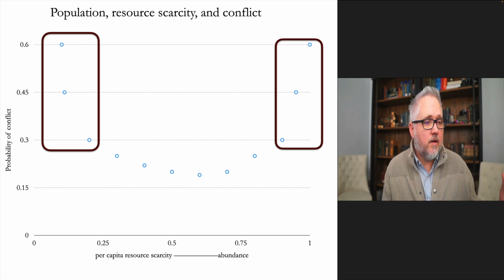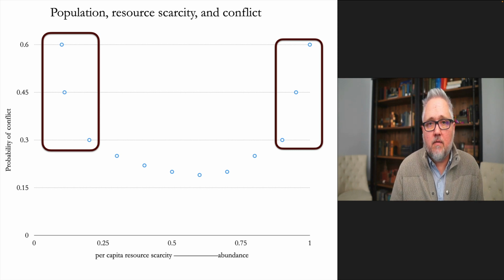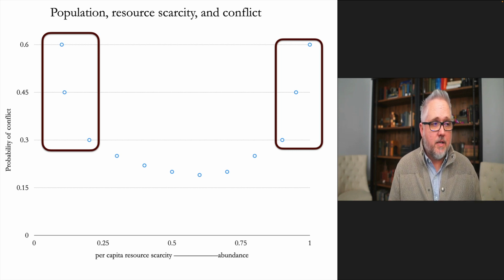And I think when you think about population, resource scarcity, and conflict, in connecting to those expectations in the previous slide, in areas of relative abundance and scarcity, there should be that higher expectation of conflict.